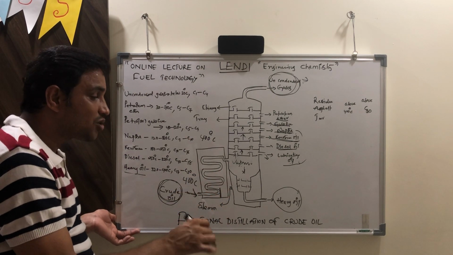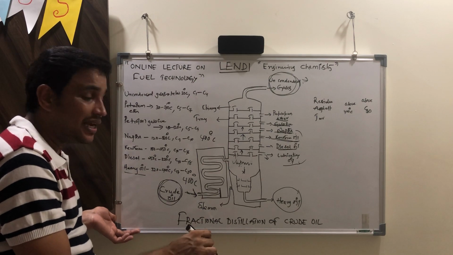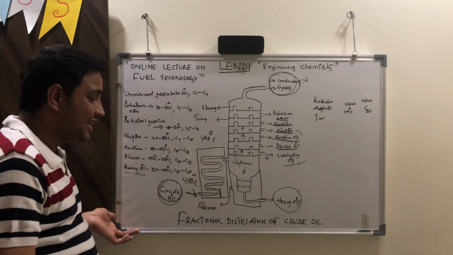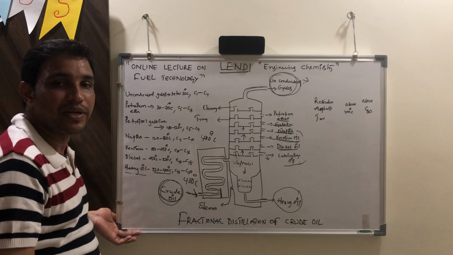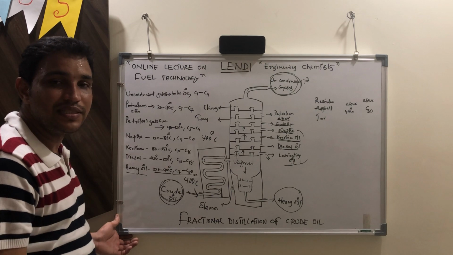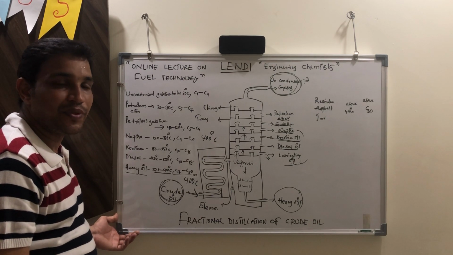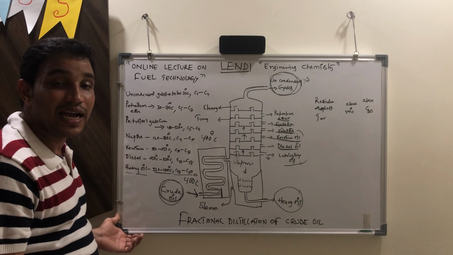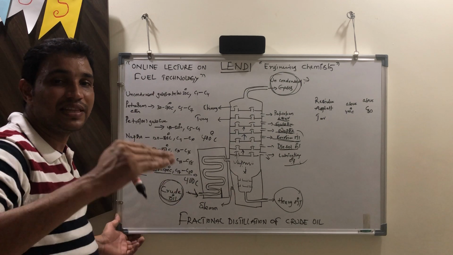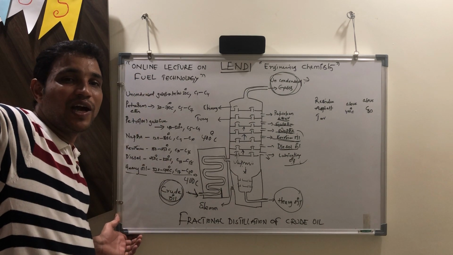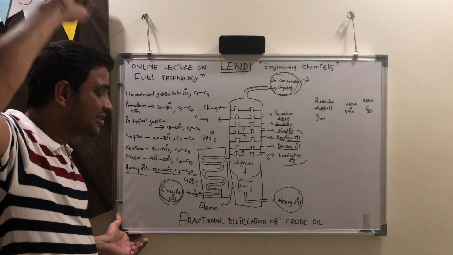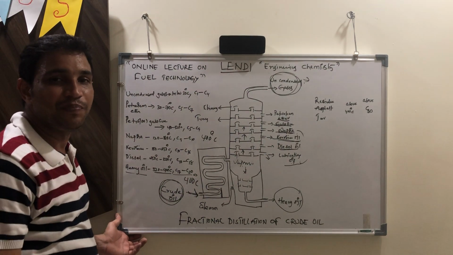So I am saying heavy oil is a fraction that will be converted into liquid at 320 to 400 degrees Celsius, because it is rich in carbons. The heavy oil contains carbon numbers varying from C17 to C30, and when the carbon number is high, the boiling point will be high, right or not? When the carbon number is high, obviously the boiling point will be high.